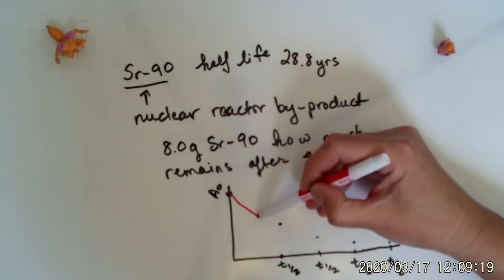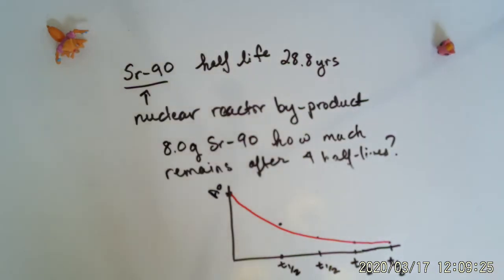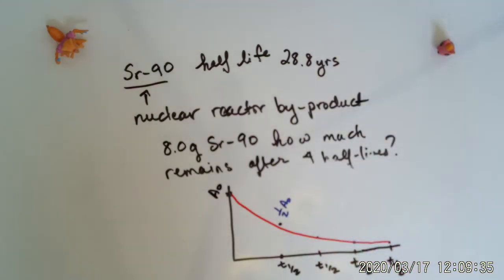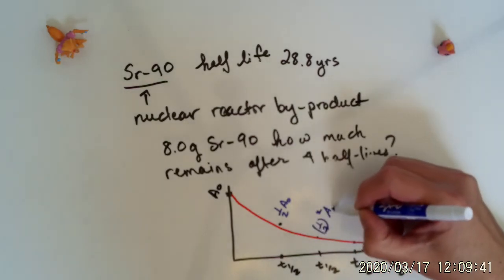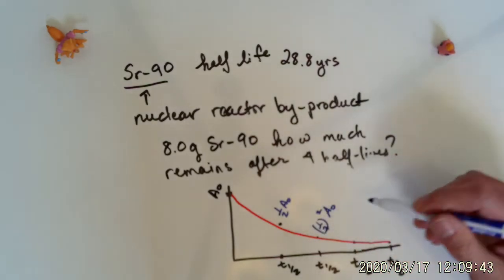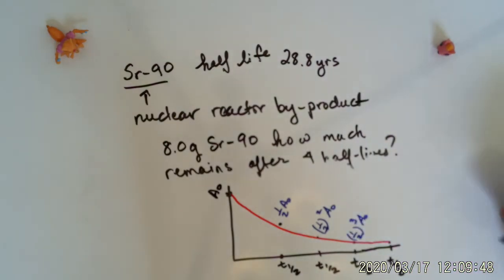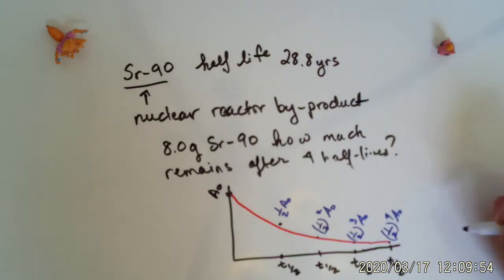So your graph is a slow decay like this. At each of these points, this will be 1/2 A naught, half of a half A naught is 1/4 A naught. Half of this would be 1/2 cubed A naught, so 1/8 of A naught. And this one is going to be 1/16 A naught.